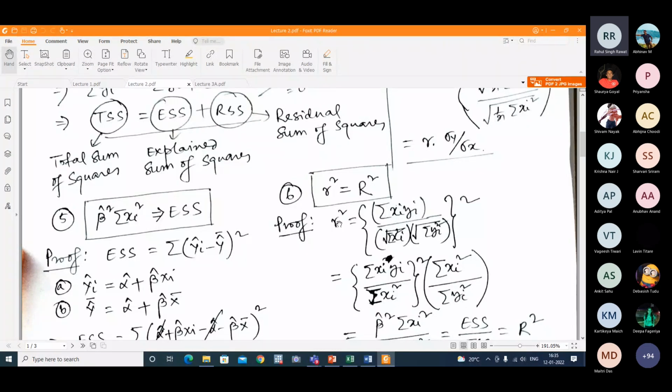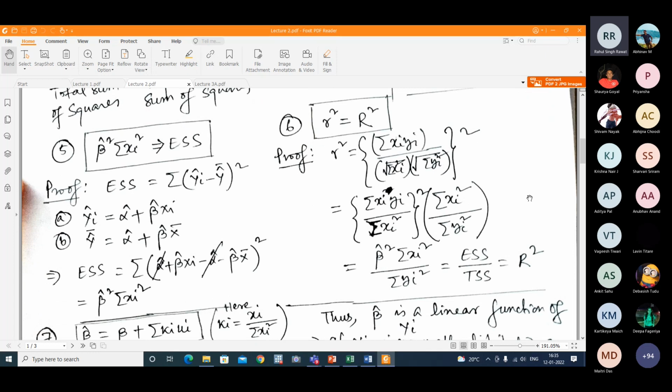Now R square means this whole square. Through simplification, you will get an expression like this. And you know, this is nothing but ESS, and this is TSS. So essentially it gives me R square.